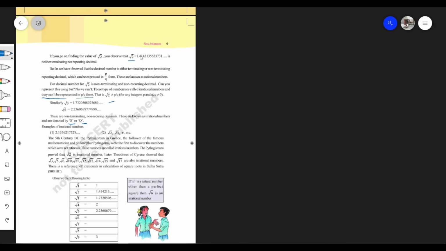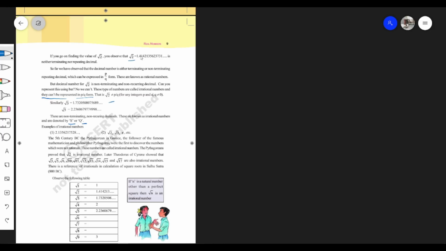These irrational numbers cannot be expressed in the form of p by q. And if we go for a bit of history, see, irrational numbers are supposed to have been found in the 5th century BC. My God, 5th century before Christ. By the Pythagoreans in Greece. Pythagoras's followers are known as Pythagoreans.